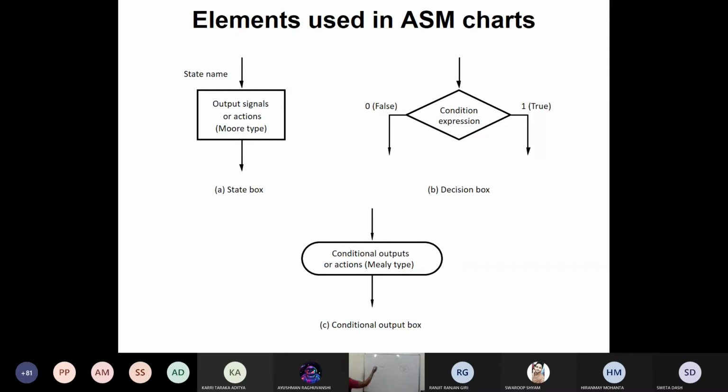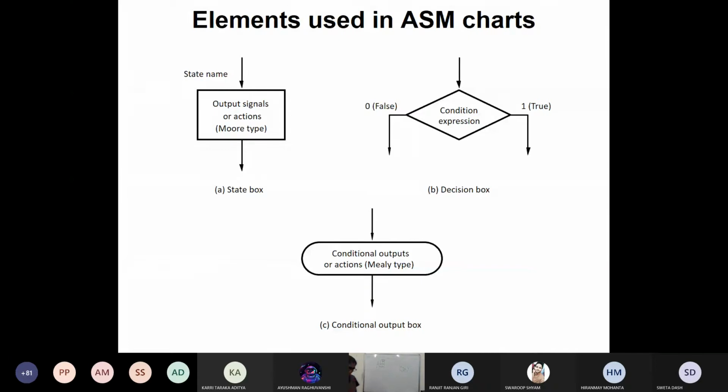And one more thing. This is not hanging in the air. It has a path. This is called the entry path. Now hold on, the entry path will not be multiple. It will always be only one. I cannot have multiple entry paths. From every state, I can have only two paths going out, but the entry path is only one.